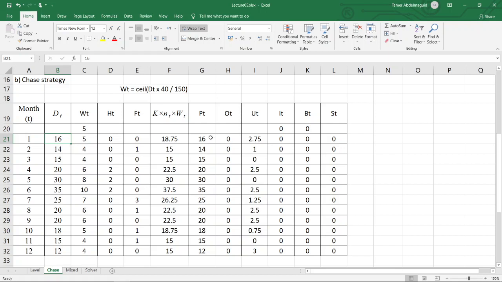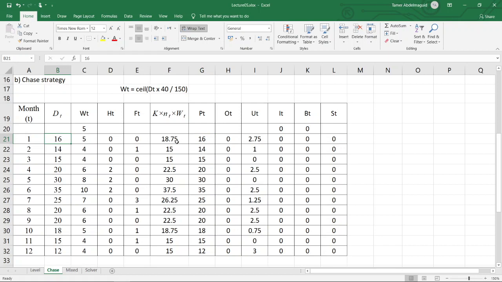So in this case, I will decide to produce only the required demand. So the idea of the chase strategy is basically changing the production capacity level to match the required demand. So at the end, the production quantity that you are going to put here in this column is actually the demand.